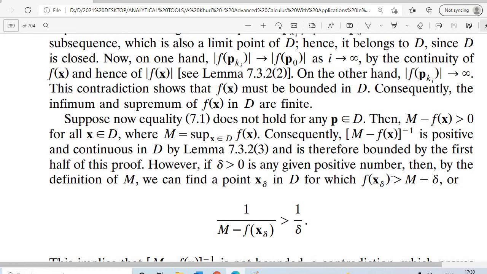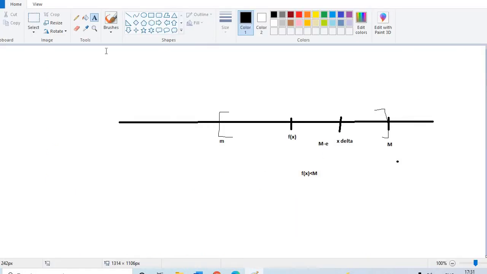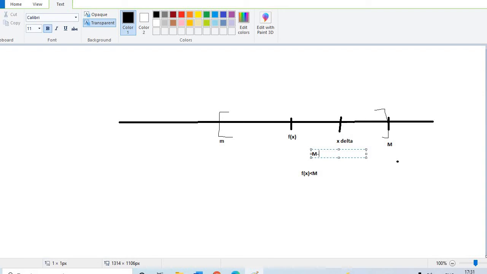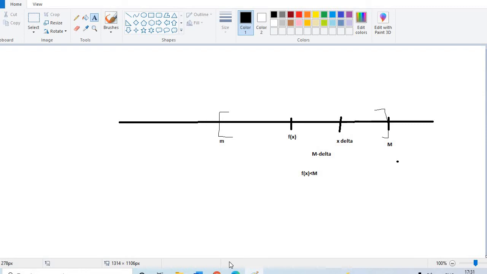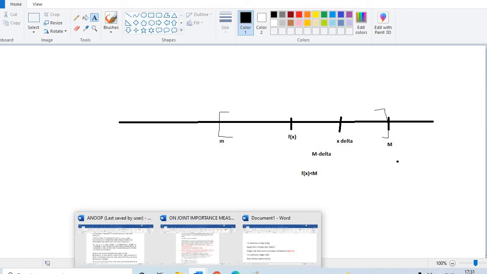If delta greater than 0 is a given positive number, then by definition of m, we can find a point x delta in D for which f of x delta is greater than m minus delta. അപ്പോൾ ഇതിൽ നിന്ന് നമുക്ക് പറയാം, m minus delta. So clearly m minus delta less than f of x delta less than m. Okay.